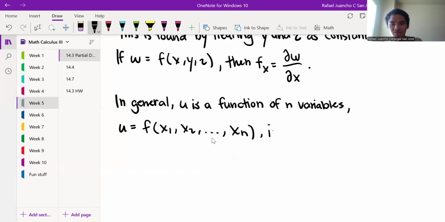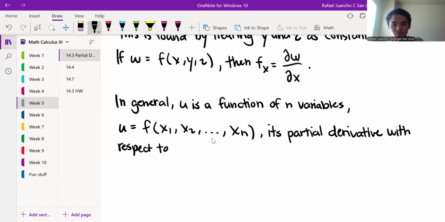Then we're going to say its partial derivative, so what is it, with respect to some variable here, let's say the ith variable, xi, is this.